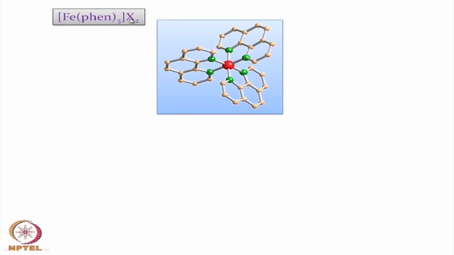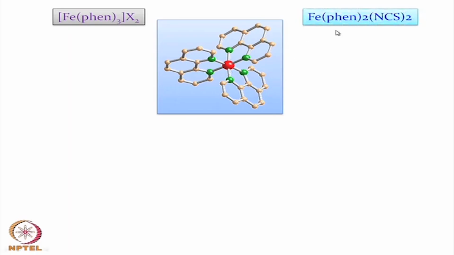The 2 X groups can be chloride, bromide, or iodide. Depending upon the compound's isolation technique, we can have 3 different salts. It is a dicationic compound obtained as its salt, and these anions also have a profound effect due to the crystal field packing on the high spin and low spin states.